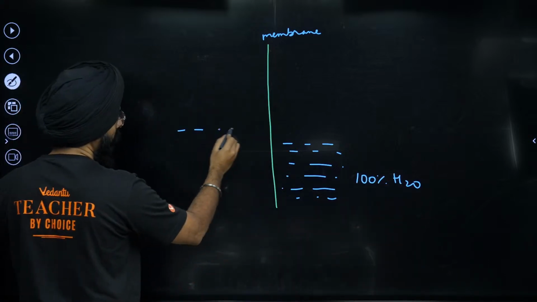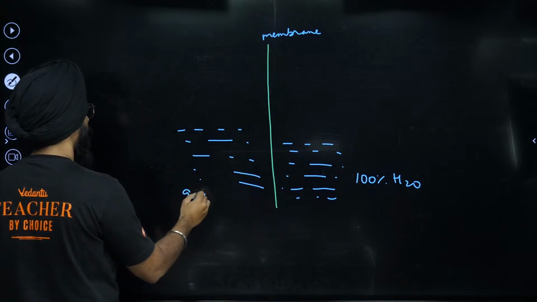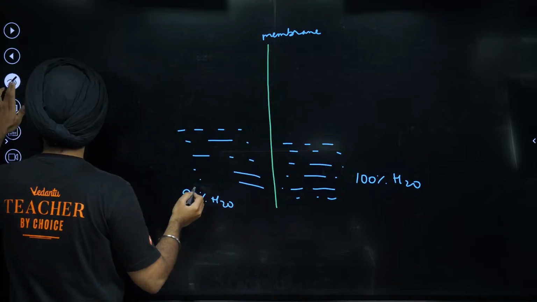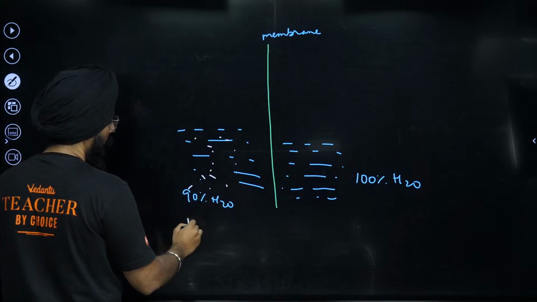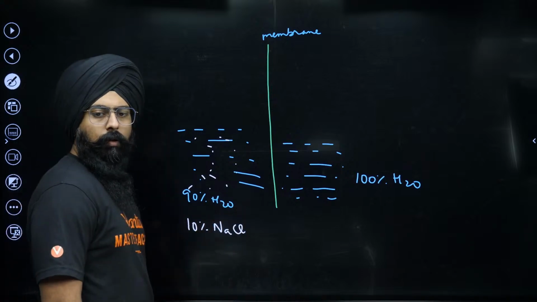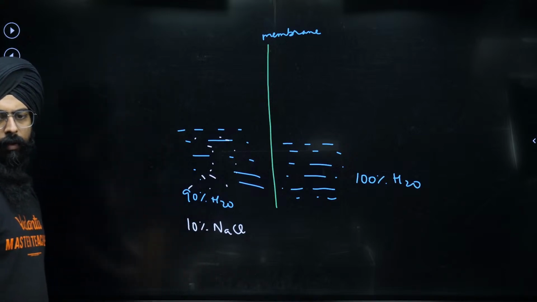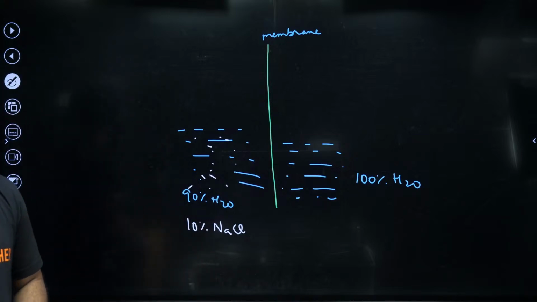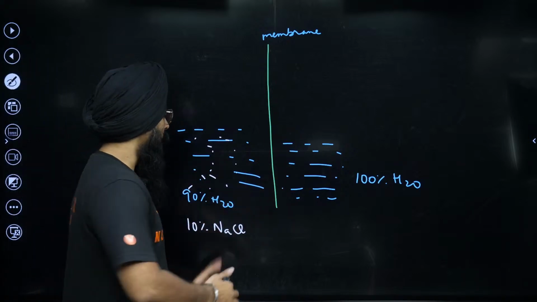On the left hand side, let's say we have 90% water and 10% salt. Where will the water move? From left to right or from right to left?